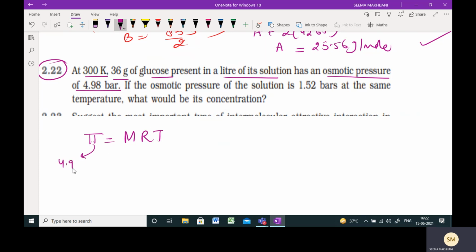So this is 4.98 as given, and the value is in bar. Your molarity can be found. Now if the osmotic pressure of the solution is 1.52 bar at the same temperature, what would be the concentration?